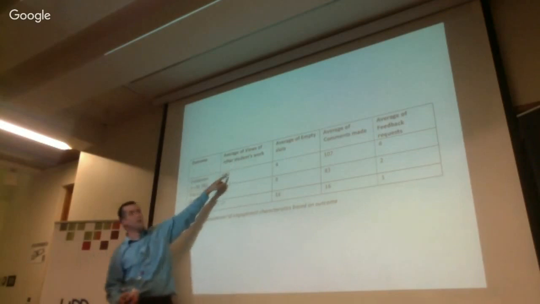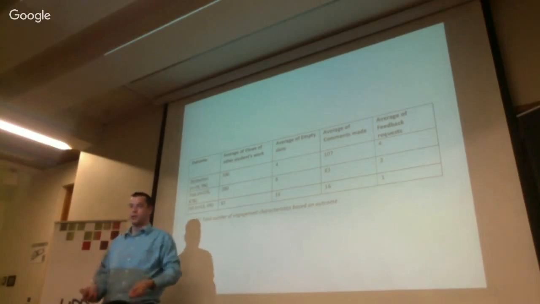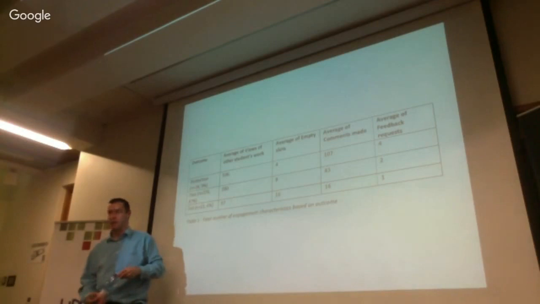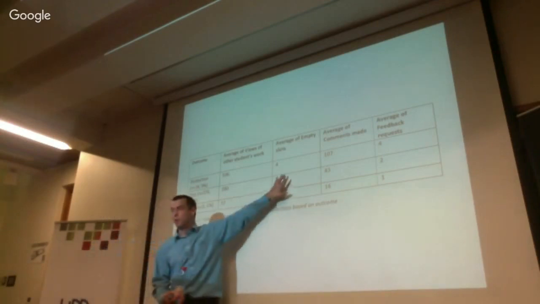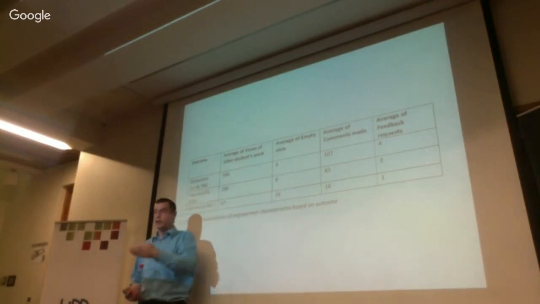This one, average number of views, is just how many times you go onto it. How many times do you look at other students' work? How engaged are you? So this is almost a kind of social media indicator in some ways, okay? The next one is simply to do with completion of the work. You have certain slots, certain of those little squares that you complete as you go through the module.